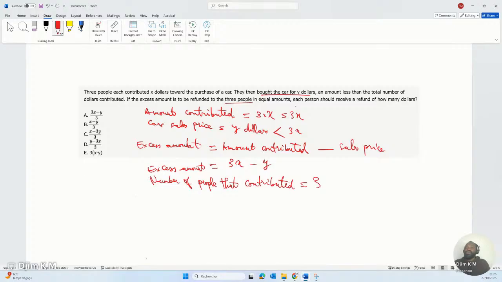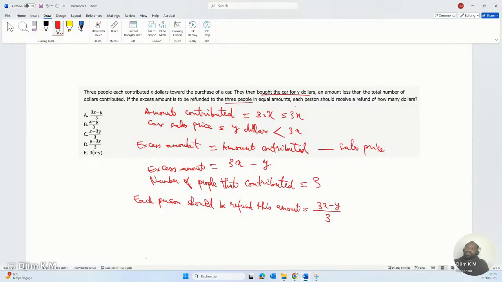So each person should be refunded this amount, 3X minus Y, which is the excess amount divided by three people.